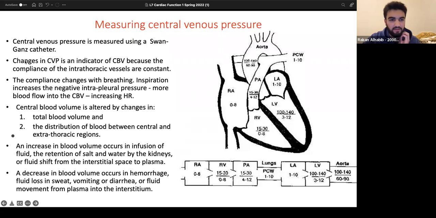So the second point, changes in central venous pressure is an indicator of central blood volume because the compliance of the intrathoracic vessels is constant. The inspiration increases the negative intrapleural pressure.